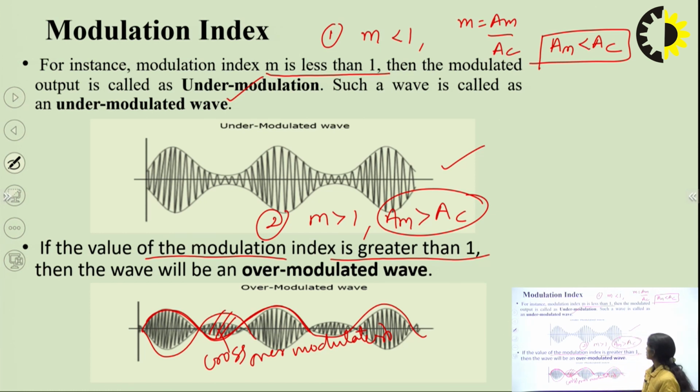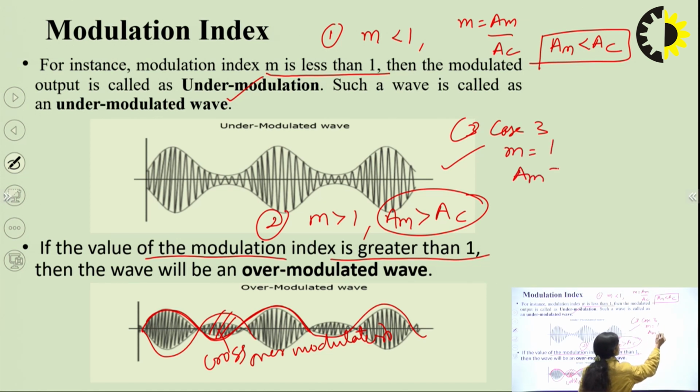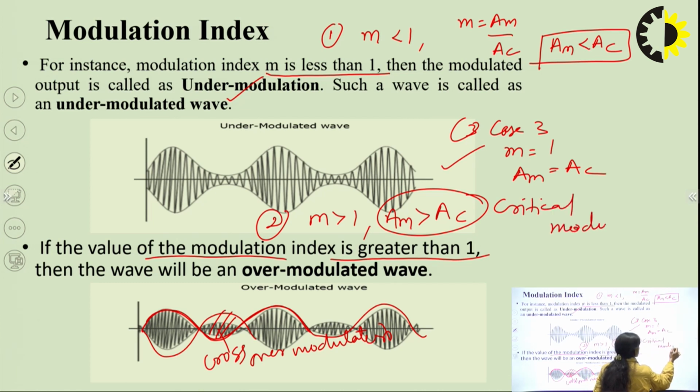Now the third case, case 3, is m equals 1. That means Am is equal to Ac. This comes under the case of critical modulation. This signifies that if I change the modulation above this, it will be distorted.